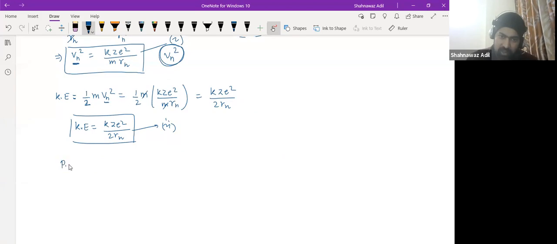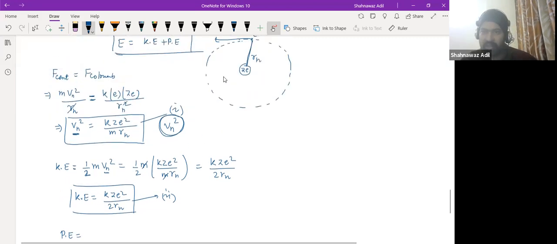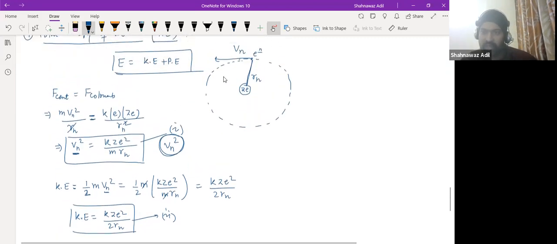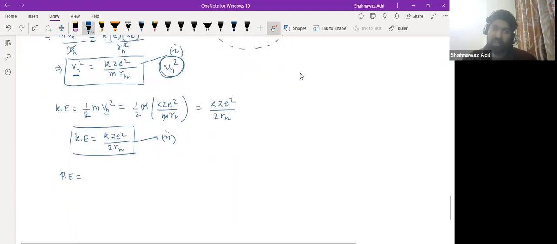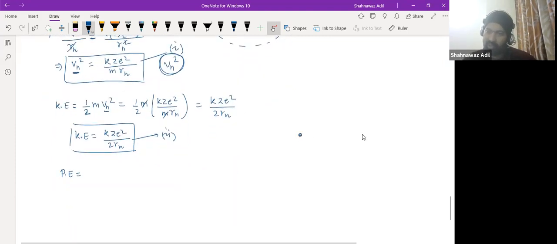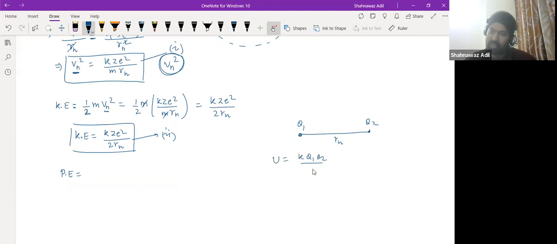So remember your first chapter. What is the potential energy of two charged particles with separation Rn? K Q1 Q2 by r, right? This is the potential energy.